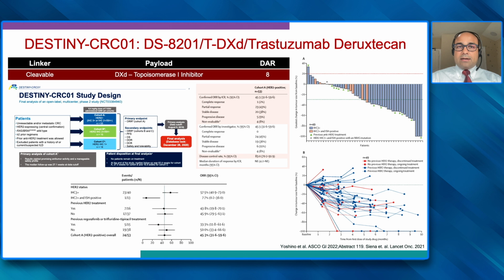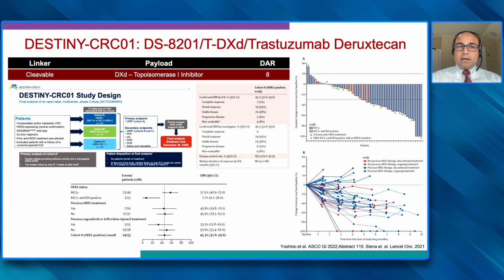Trastuzumab deruxtecan, or DS-8201, is a next generation antibody drug conjugate, which is linked to a topoisomerase 1 inhibitor payload. This is very similar to irinotecan, but a more potent topoisomerase inhibitor. This was evaluated in HER2 positive cases in the DESTINY-CRC01 study.